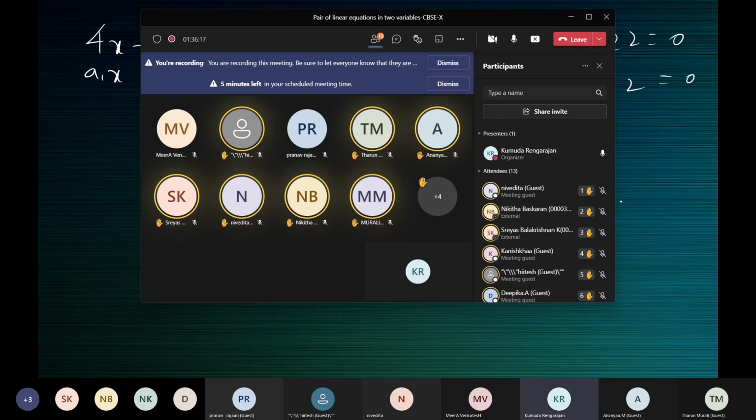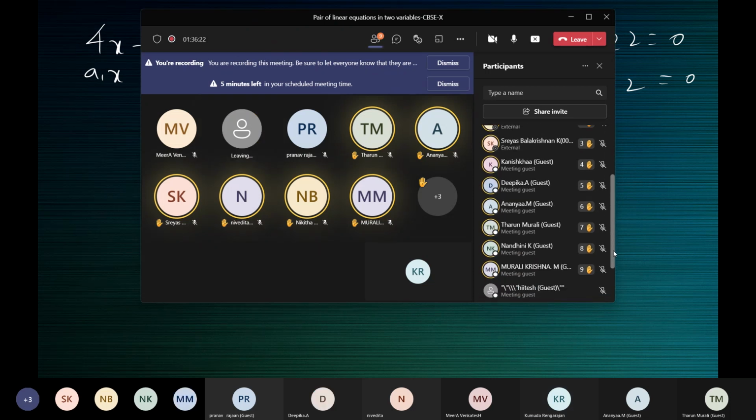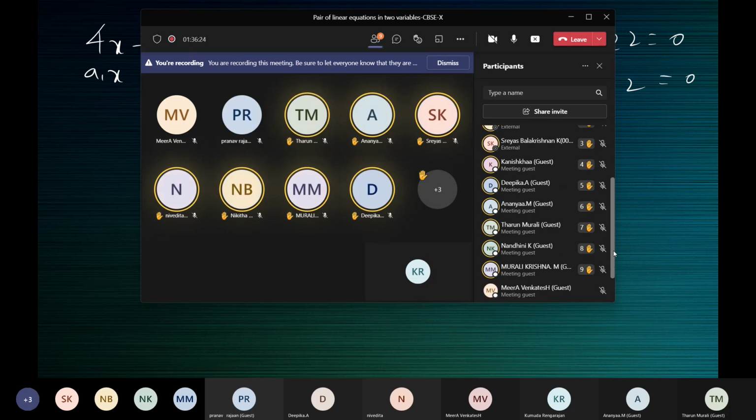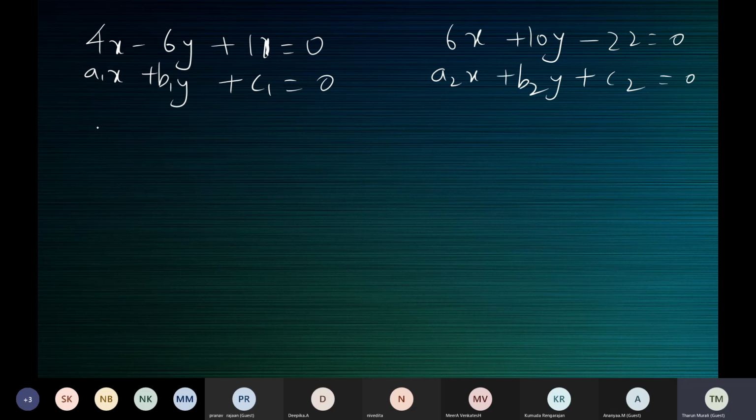Are you there, Hitesh? Tarun? Yes, ma'am. Tell me, Tarun. Ma'am, the value of A1x is 4x. What is the value of A1? Ma'am, 4. What's the value of B1? Minus 6.